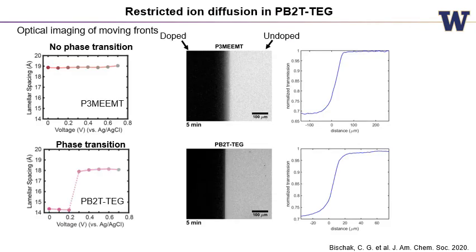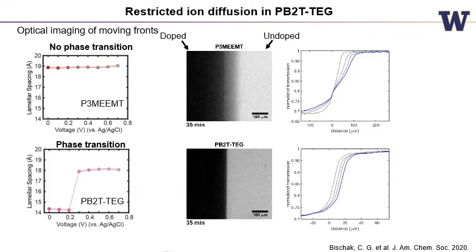Okay, so to sum things up, now we know that we have our P3M-EMT. It has this diffusion that looks Fickian because there's no lattice expansion.